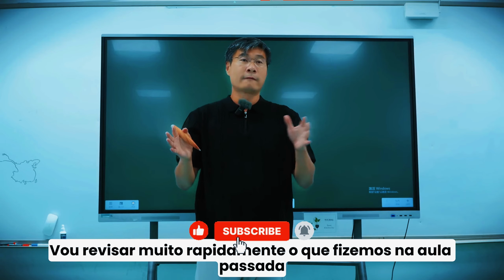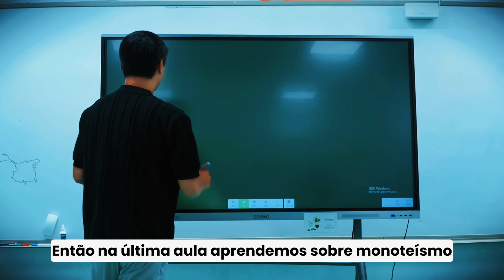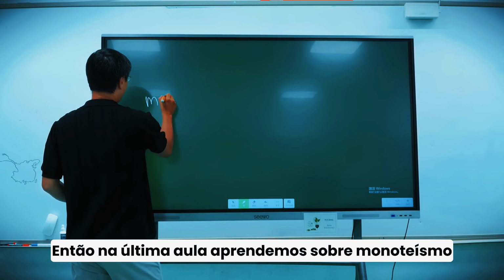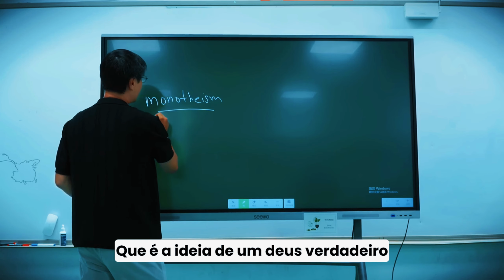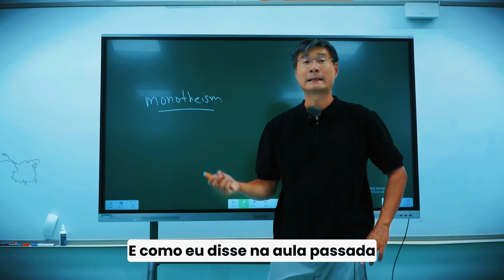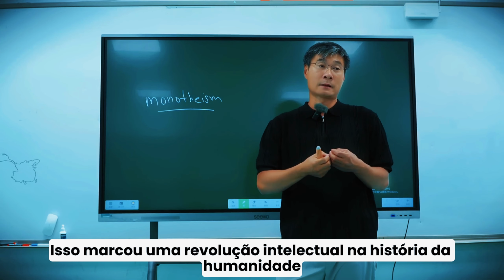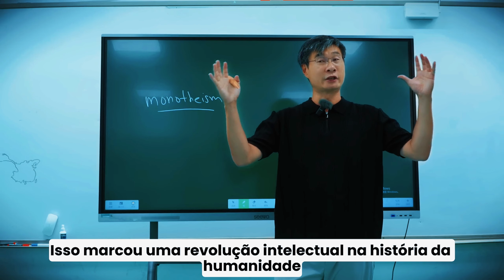I'm going to review very quickly what we did last class. Last class, we learned about monotheism, which is the idea of one true God. And as I said last class, this marked an intellectual revolution in human history.